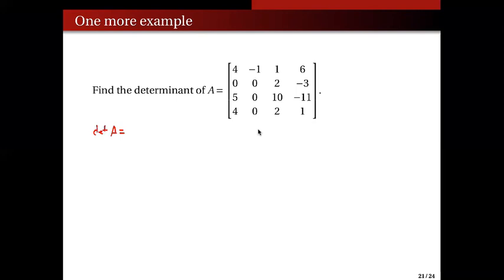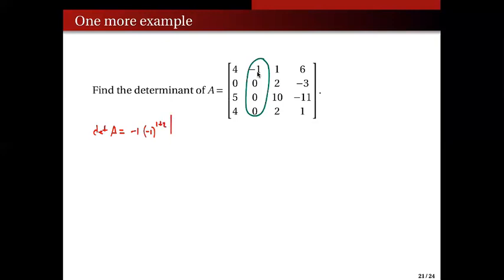So we'll be looking at the second column. And the second column, we will have negative 1 times negative 1 raised to 1 plus 2, since this is the entry in row 1, column 2.